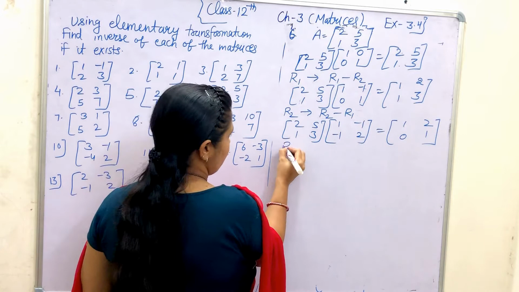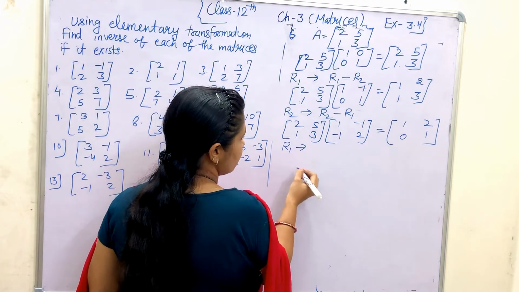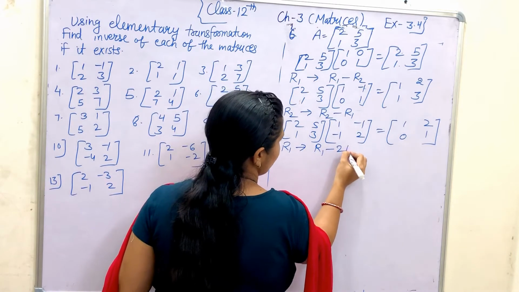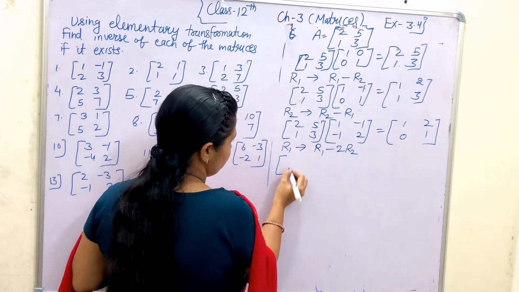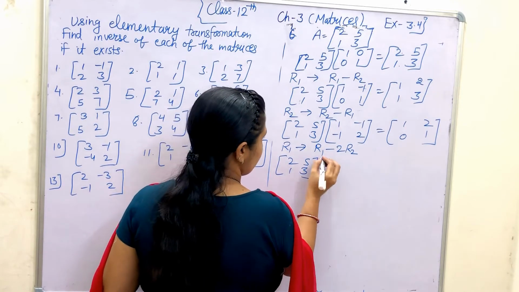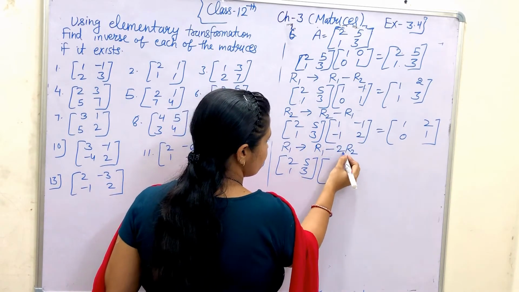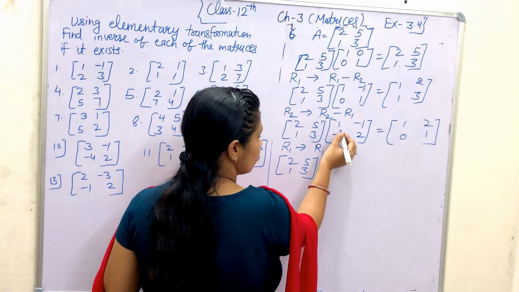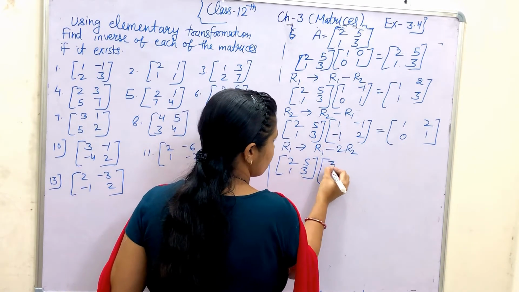Now on R1 operation, we change our R1. How can we change? R1 minus 2 R2. We get 2 5 1 3. R1 minus 2 R2. R1 minus 2. Minus minus plus 2. 1 plus 2, 3.